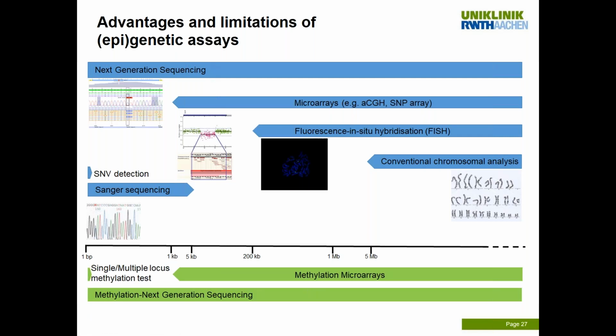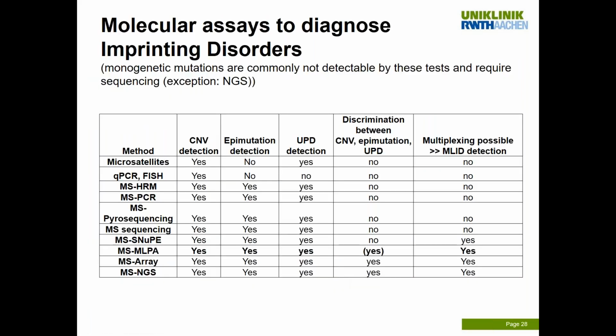I think in 5 years we will probably apply methylation-based next generation sequencing, and perhaps you might address all questions you want to solve, and you can also cover all 4 different groups of mutations and epimutations in imprinting disorders. But currently we have single locus tests, and we have methylation microarrays, but they are, as far as I know, not implemented in routine diagnostics.